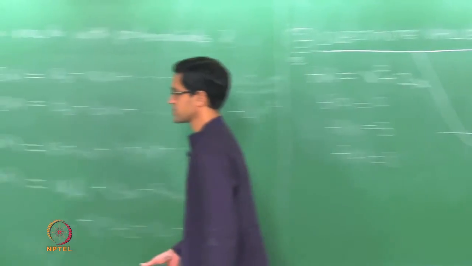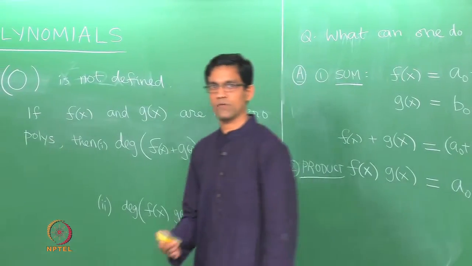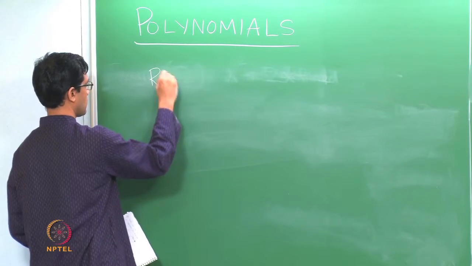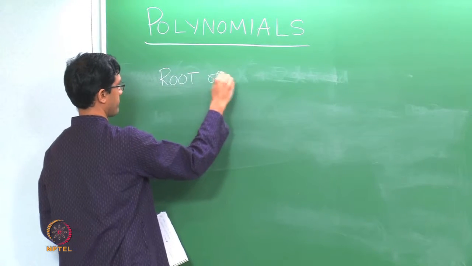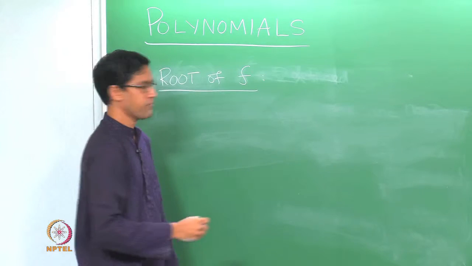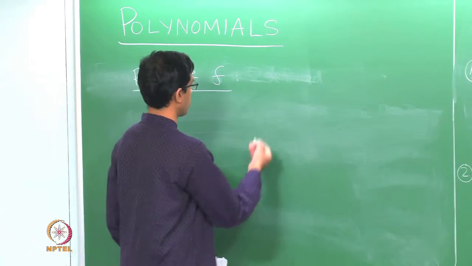And this brings us to the notion of a root of a polynomial. So what is a root? A root of the polynomial f is just a value at which the polynomial becomes 0.